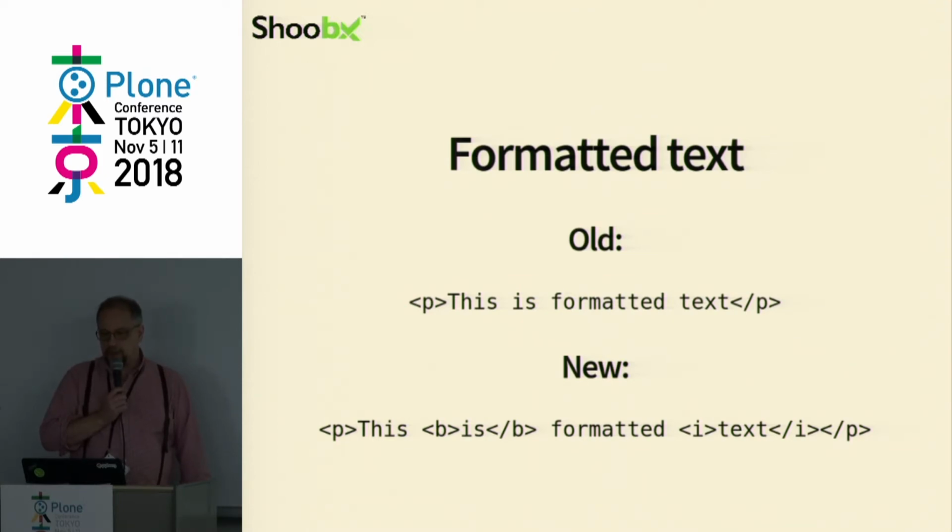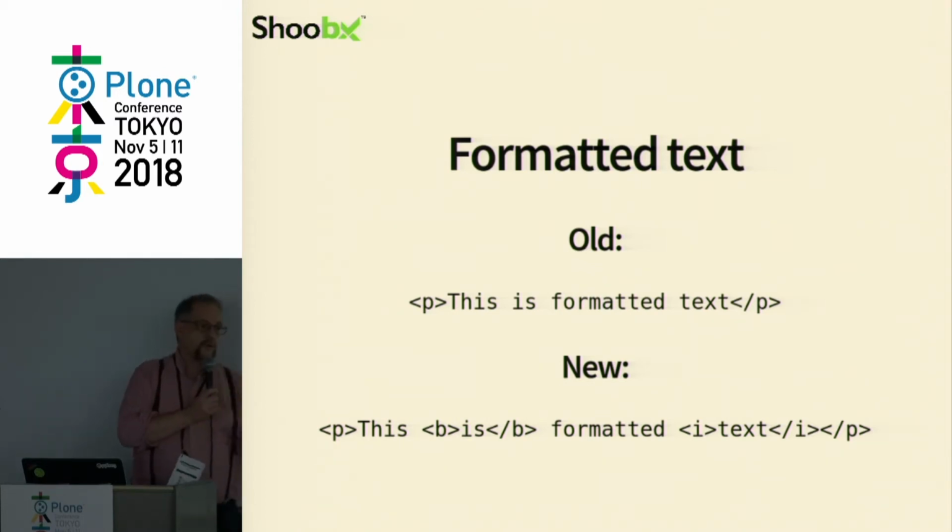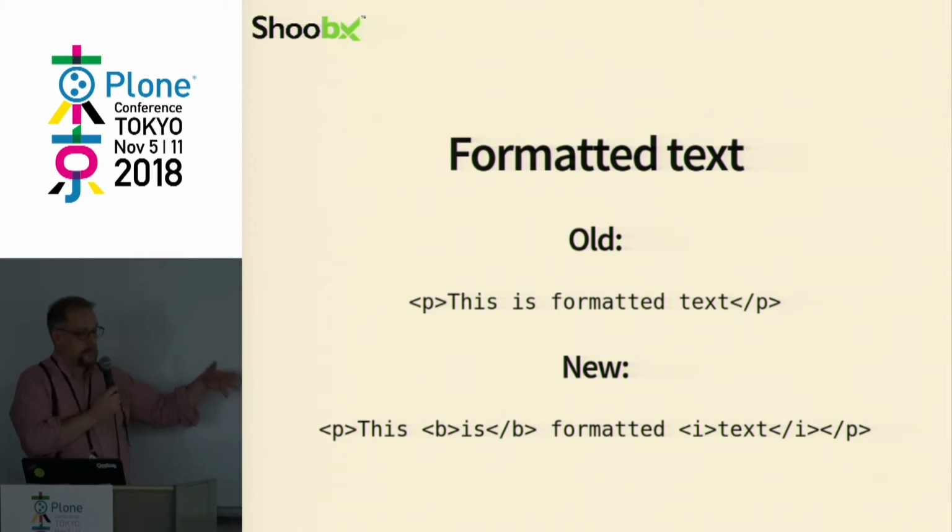So if you add a little bit of formatting to some text, you get some very big effects. So here we just added a B tag here and an I tag over there. And this means that the old P had contained text that said this is formatted text. The new one has contained text this. So that's not going to match. These things are not going to match anymore.